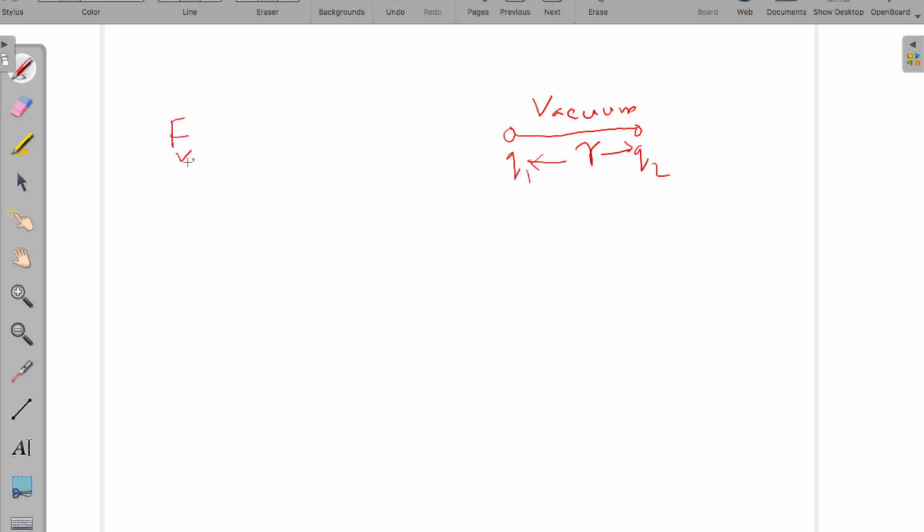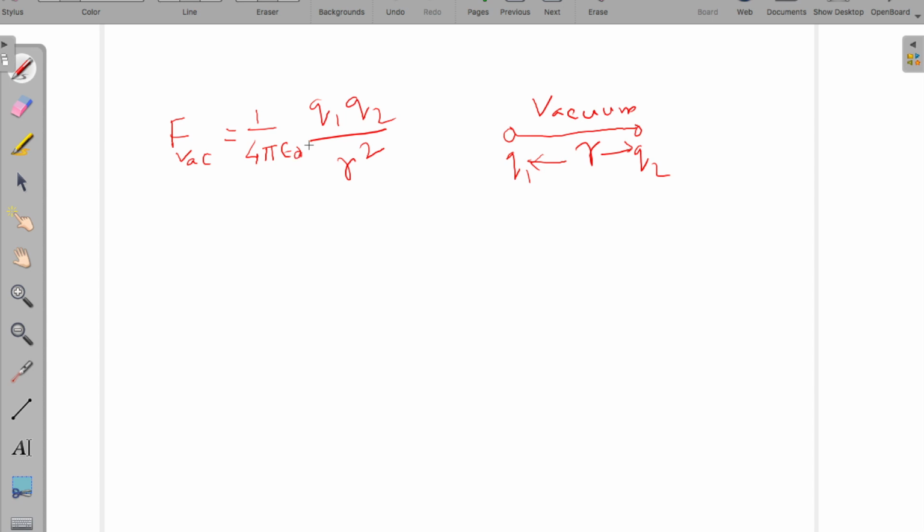The force between them, the force of attraction or repulsion in the vacuum, is represented by F vacuum. F vacuum is given by K, with epsilon naught in vacuum, Q1 Q2 by R square. So here we are just taking the magnitude of the force. This force may be attractive or repulsive depending upon the charges of Q1 and Q2, right?